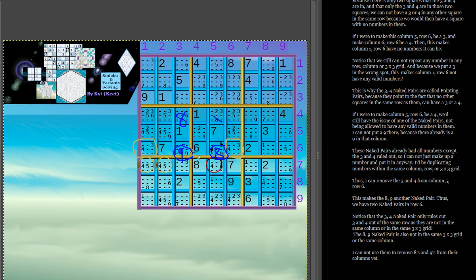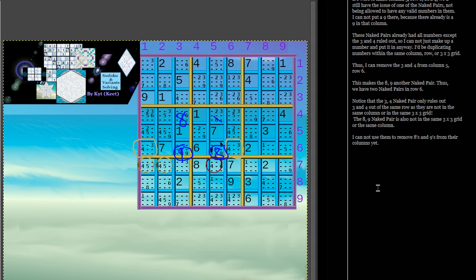If I were to make row 6, column 3, the 9, then that would dictate an 8 in column 5 and make row 4, column 3 have the 8.